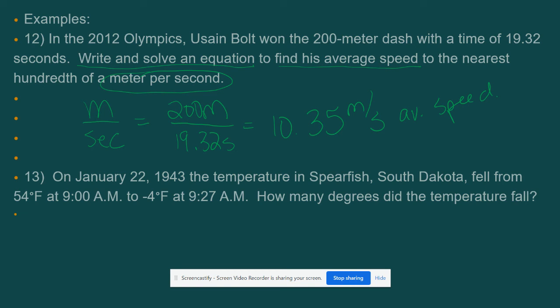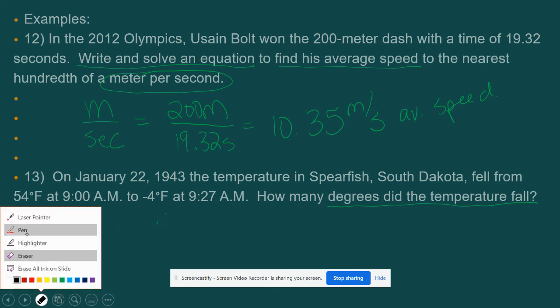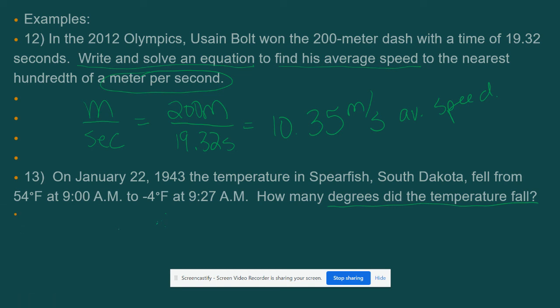All right, number 13 here. How many degrees did the temperature fall? All right, so that means we're looking at from 9 a.m. to 9:27 a.m. So we want to know the difference in temperature.